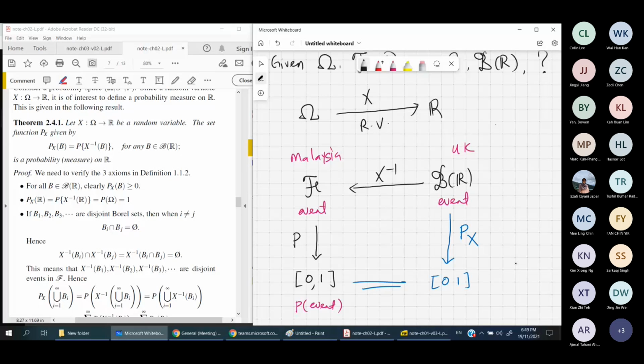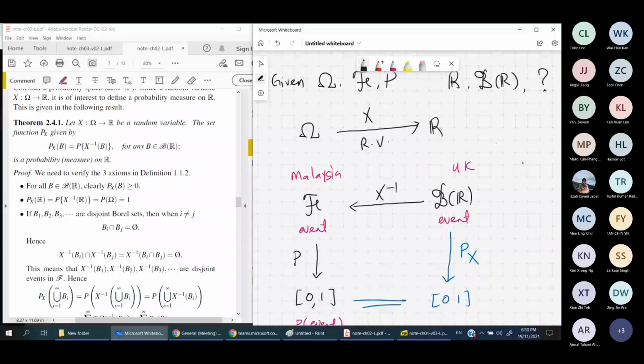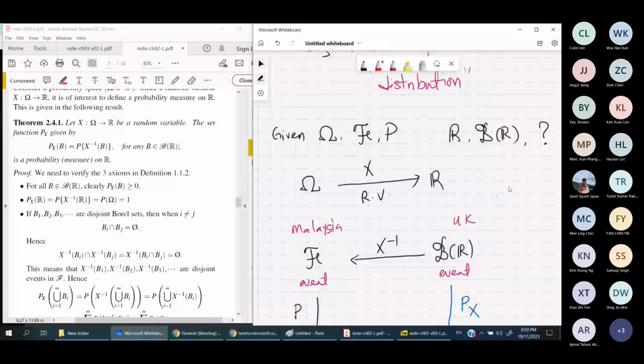Okay, and according to our setting, this sample space or this sigma field is always equipped with one probability measure P. So this one we already know. Okay, so we can use this X inverse combined with this P to construct a new PX. Now everything is done. First we use X to relate to this.